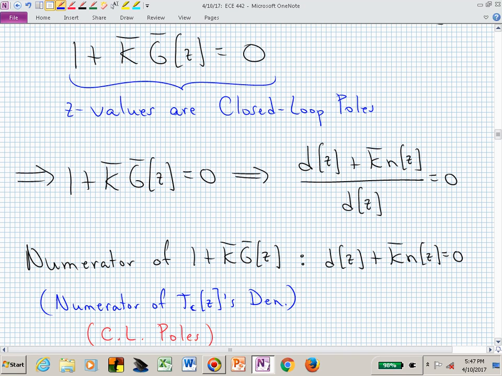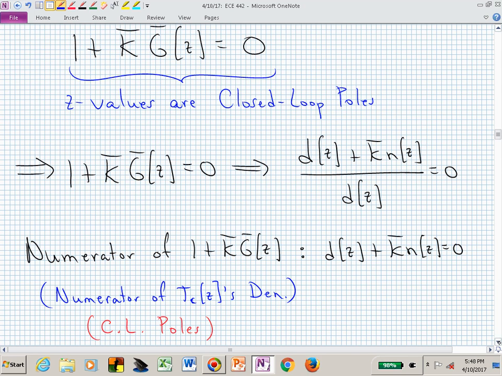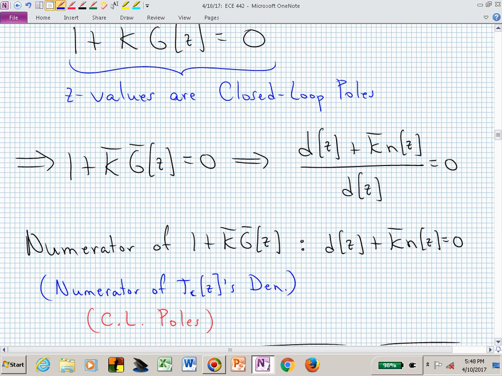Or the values of Z that cause D plus K bar N to equal 0, those are our closed loop poles. And if you want the standard root locus form, you can obtain that by dividing this last equation, all of your terms, by D, and you're back to this 1 plus K bar G bar equaling 0. And those are your closed loop poles.